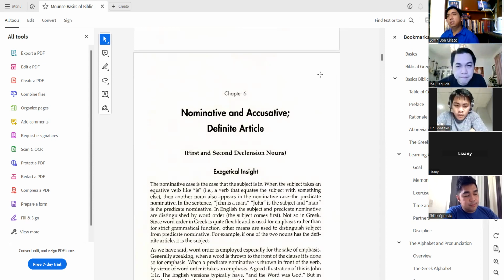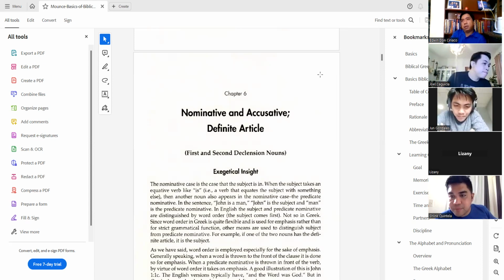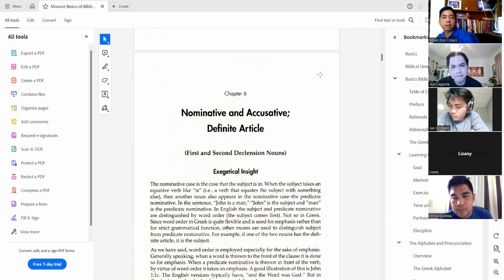So we will see. Of course, the verb is always the one that gives us a signal who is the one doing it, performing the verb or the subject, and then receiving the verb as the object of the sentence.